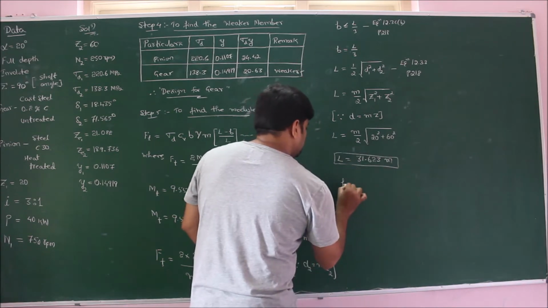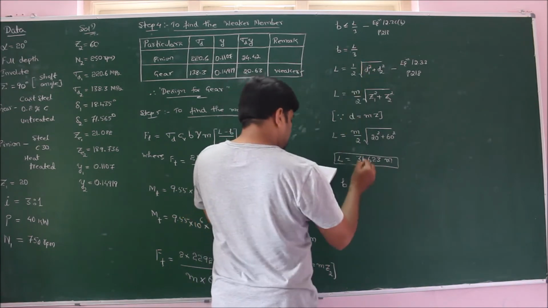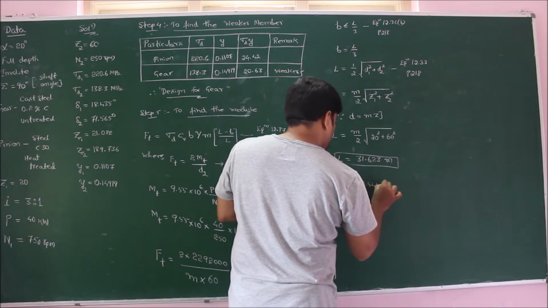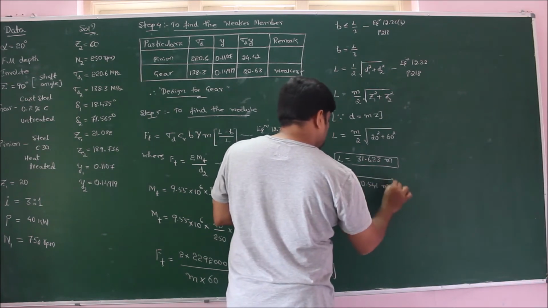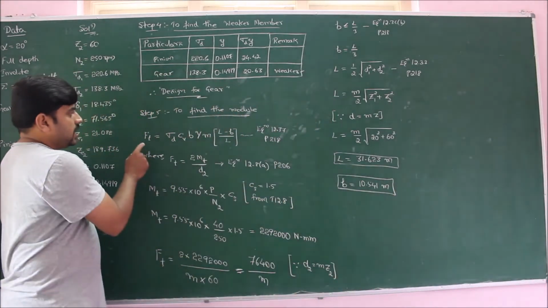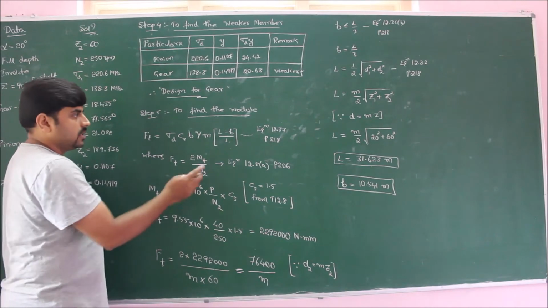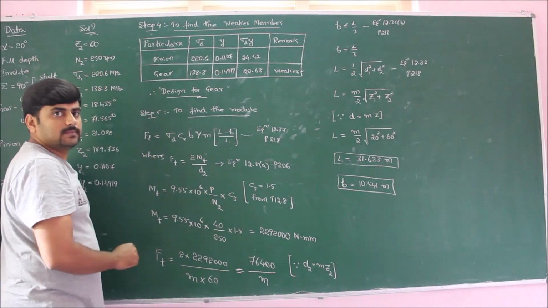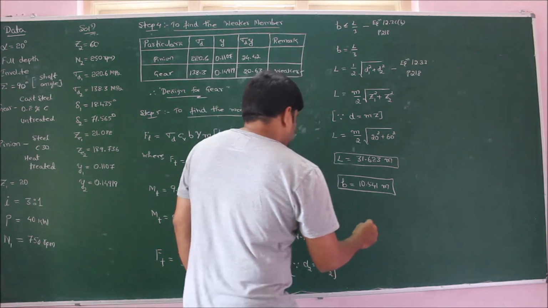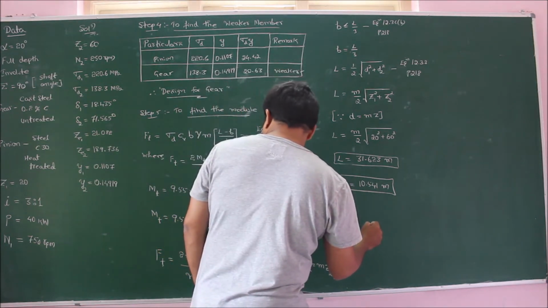Now the face width b, which is equal to L by 3, will be 10.541 times the module. Now we have calculated the unknown values in this equation. Substituting into the equation and simplifying, I will get the value of m cube CV.